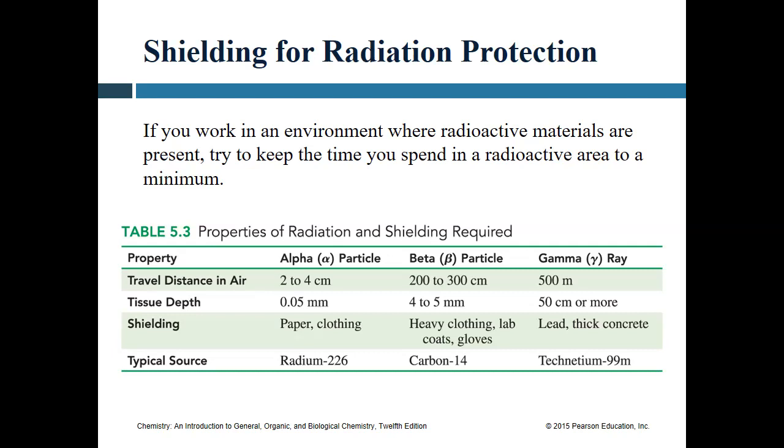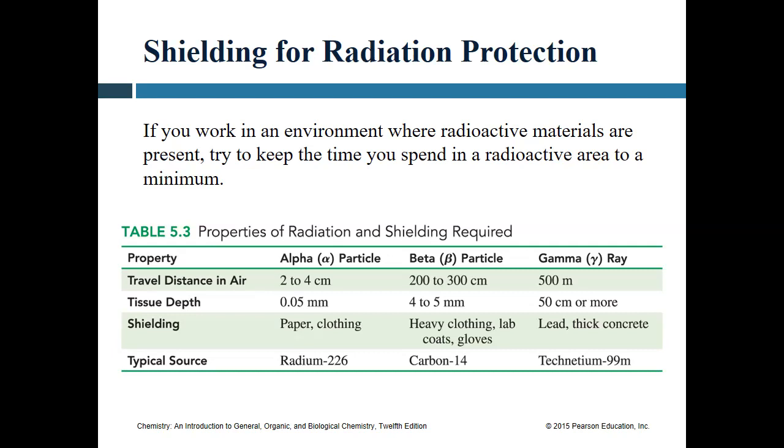Common sources of alpha particles are things like radium and radon, and most of our background radiation comes from those two things. Radium is found in some types of minerals and rocks, things that are naturally underground that you really can't help at all. And radon is the same kind of thing.